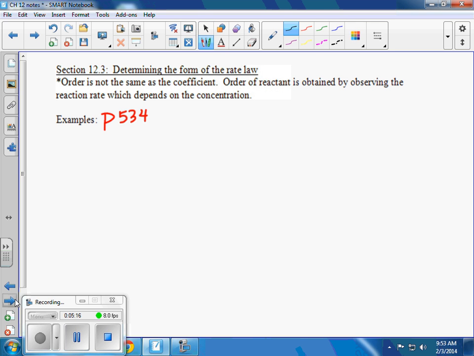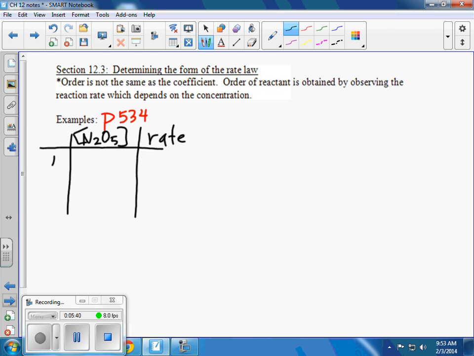But what they did is the same thing, the reaction that we just wrote. And in experiment number 1, they were taking the reactant concentration of N2O5, and they wrote down what the rate of that is, and that was in molarity per second.